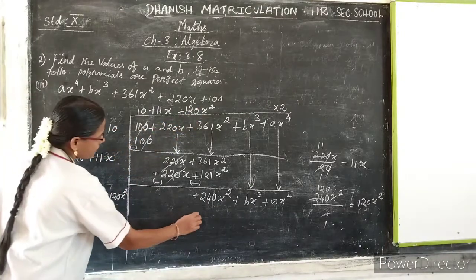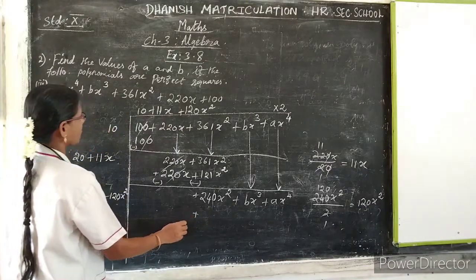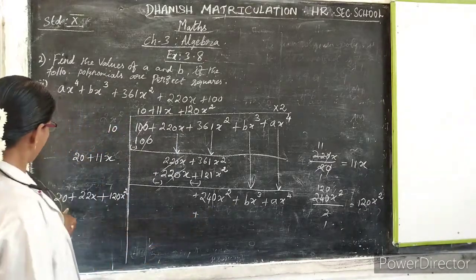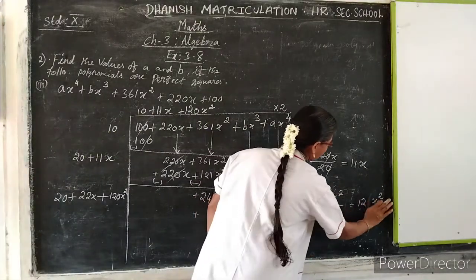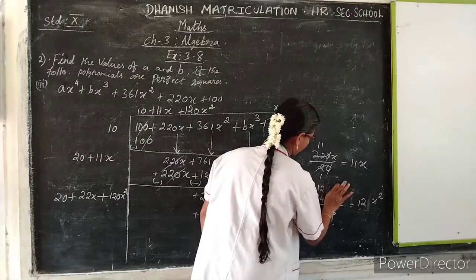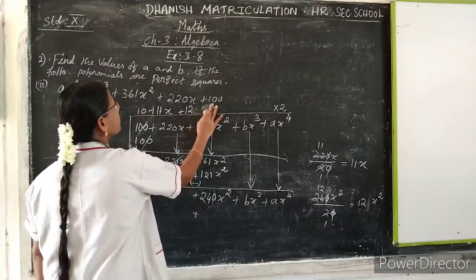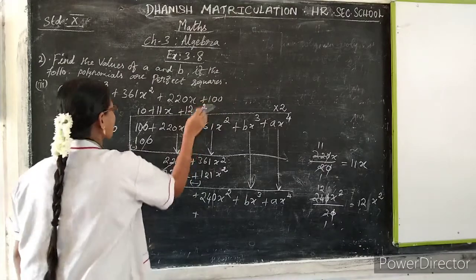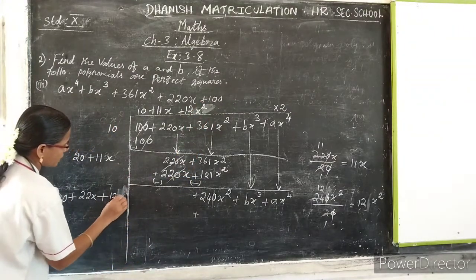Plus into plus is plus, 120 into 20. Sorry, here 20, this 0 gets cancelled, 12 times only. So 12x square, 12x square, here also 12x square.